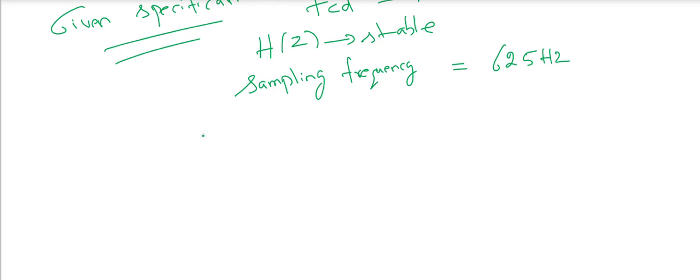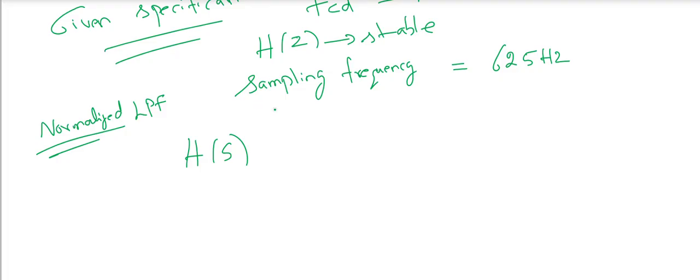So the transfer function of the prototype. You know that the normalized low-pass analog filter is H of s, in which we put s equal to s by omega c.